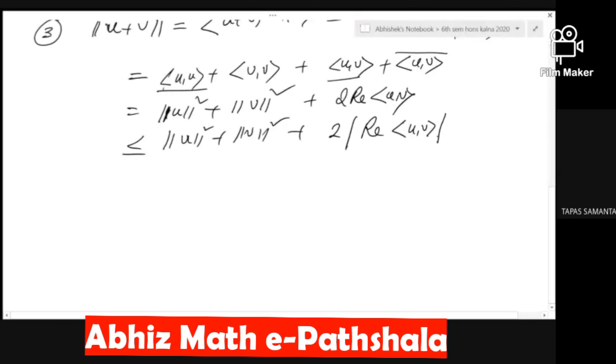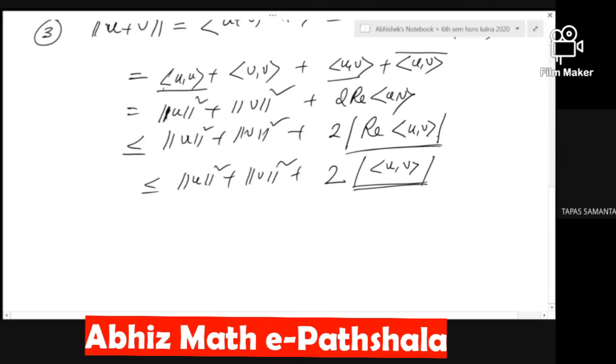And again, the modulus of real part of this will be less or equal to the modulus of the complex number. So it is less or equal to norm u square plus norm v square plus 2 mod inner product u comma v, as we know real part of z is less or equal to mod z.